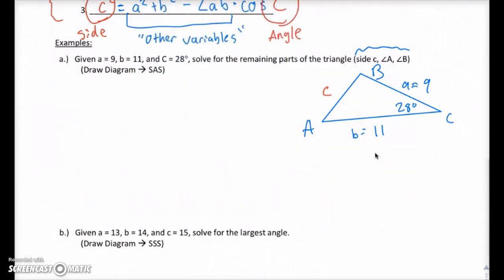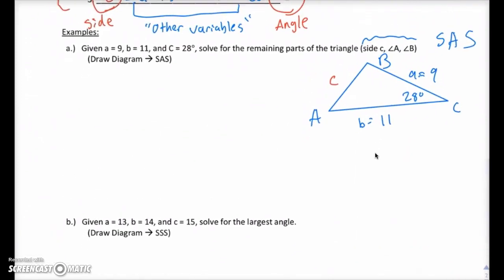So just by looking at this, it is side angle side, right? We're given a side, an angle, and a side. So we know here to use the law of cosines.